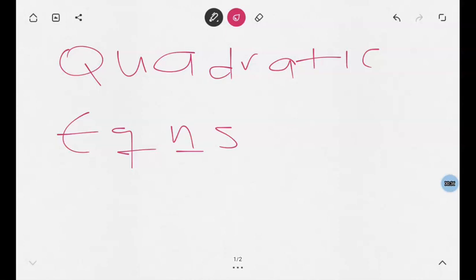So what we are going to look at today is how to solve a quadratic equation using completing the square.